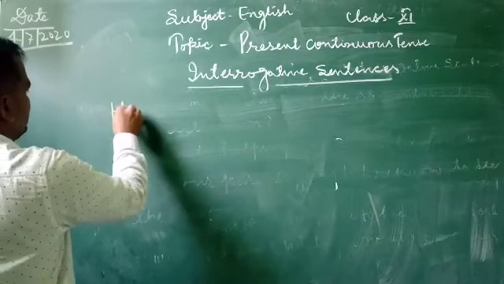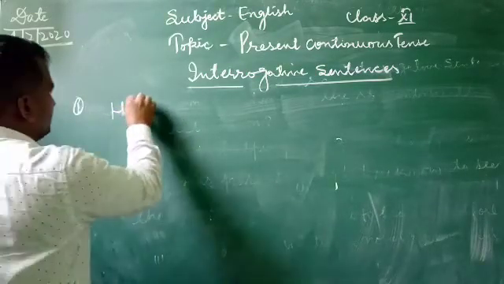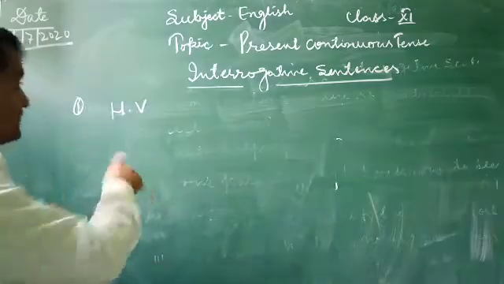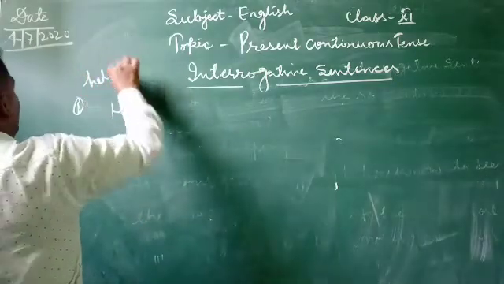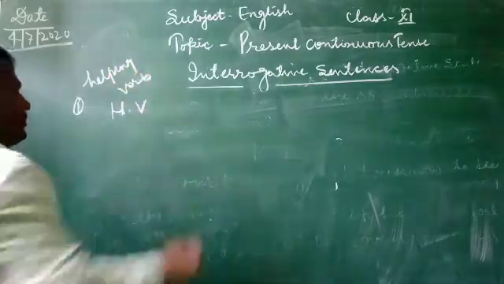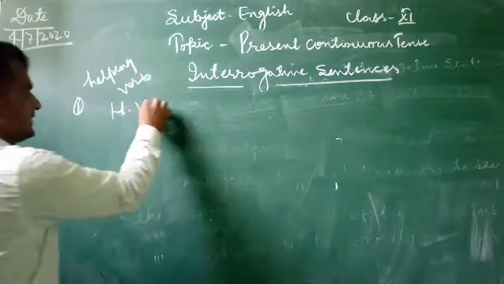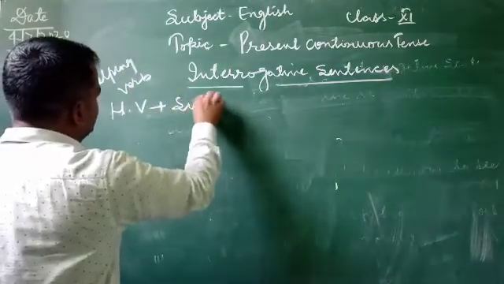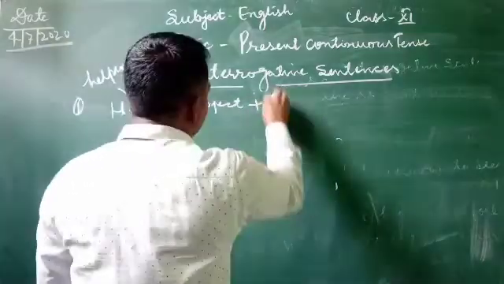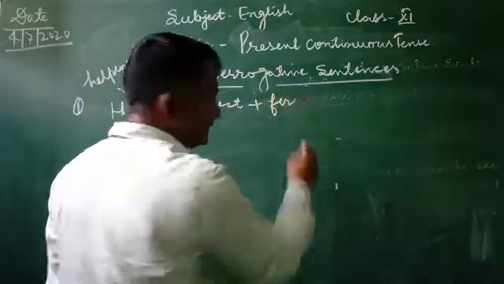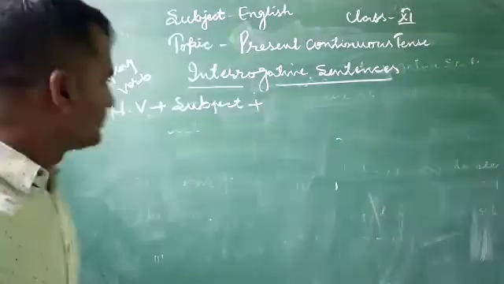Helping verb, the first type of interrogative sentence. HV denotes helping verb. We have already discussed HV. Helping verb, then subject, then first form of the verb, or we can say ing form of the verb.